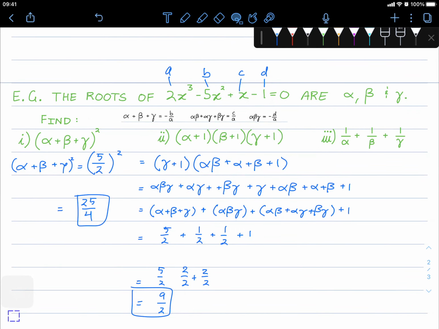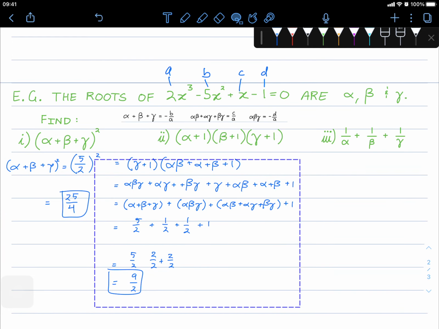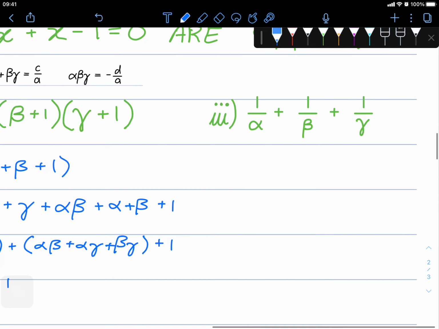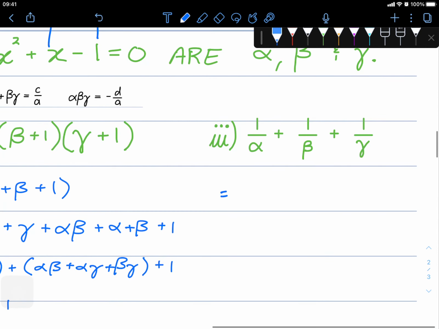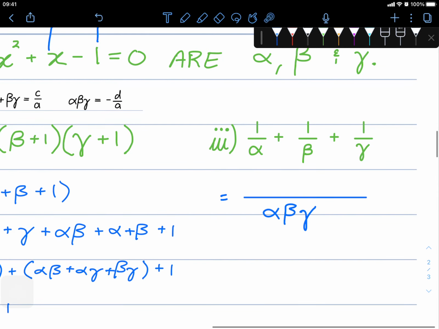We have one more example. You can pause it and give it a go yourself, or you can watch me answer it right about now. For this, we need a common denominator. For the common denominator, it's going to be the multiplication of all three. So alpha, beta, gamma. So we already have an expression for that one there. Now think about this.